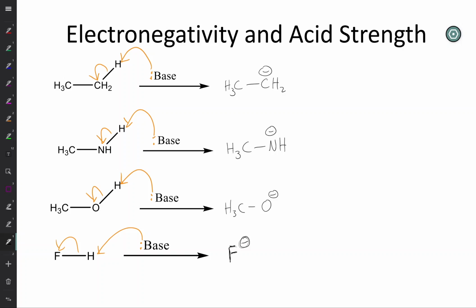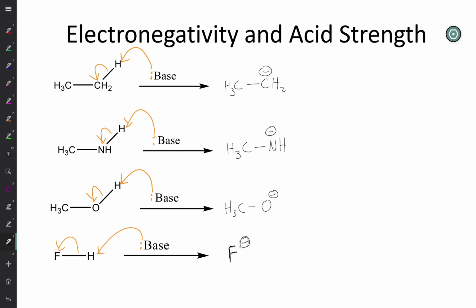So you have the intuition to be able to tell me which of those things is most likely and which of those things is least likely to happen, just based on what you know about stability of molecules. So of those 4 possibilities, which one would you think is most likely to happen and why?